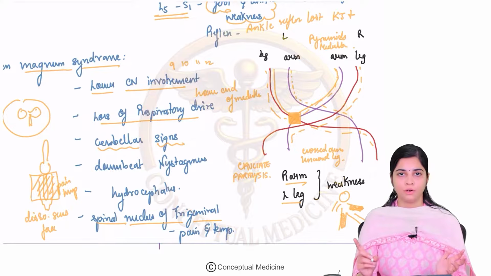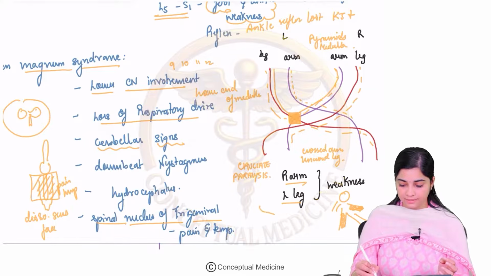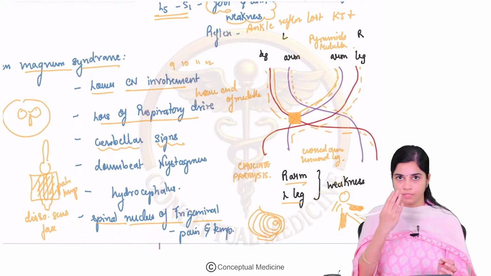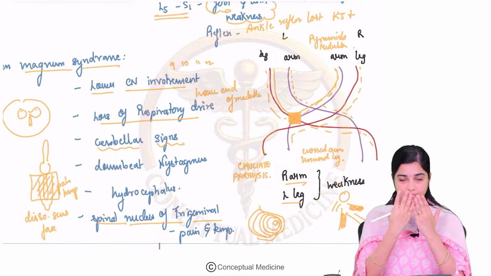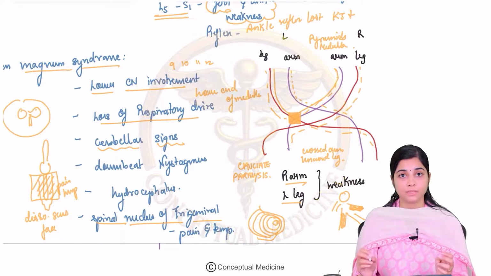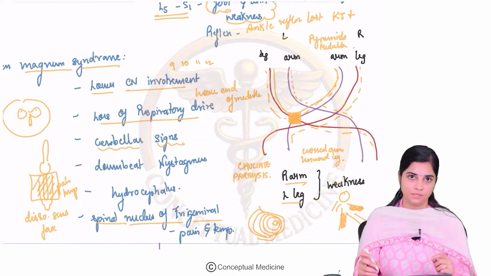The other nuclei are not involved. This usually starts from the anterior part and goes backwards, and this has an onion skin appearance of sensory loss in your foramen magnum lesions.